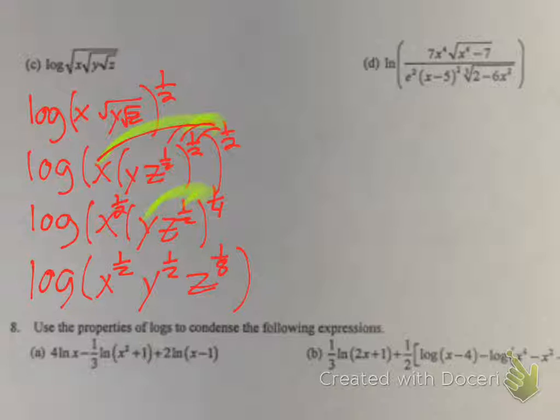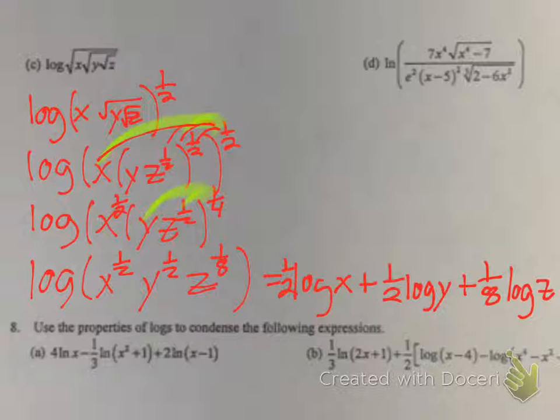Simplifying this now with the log rules is a pretty quick one, because now we have a product, 3 things in a product. So we're just going to write the log of the first. Now I'm going to go ahead and pull that 1/2 power up front. So the x to the 1/2 is now 1/2 log x plus 1/2 log y plus 1/8 log z. And you're done. And that'll match the key that I posted for you guys.